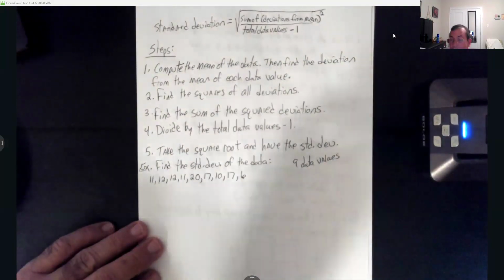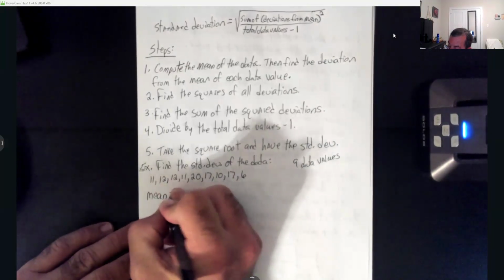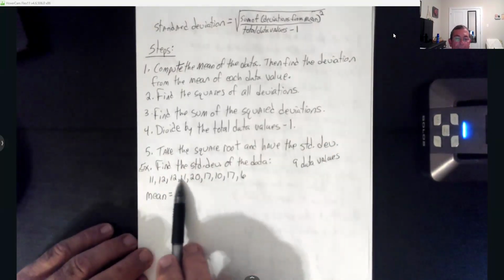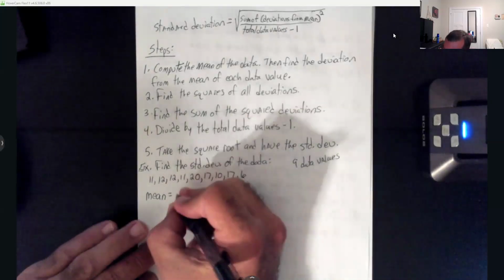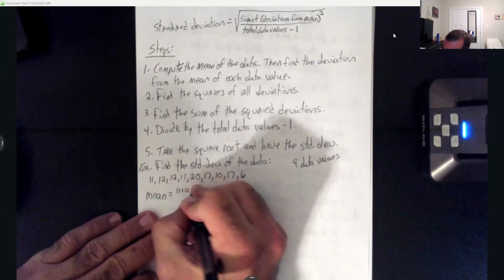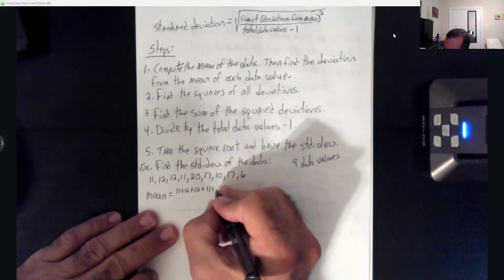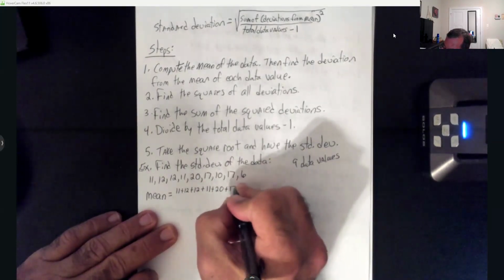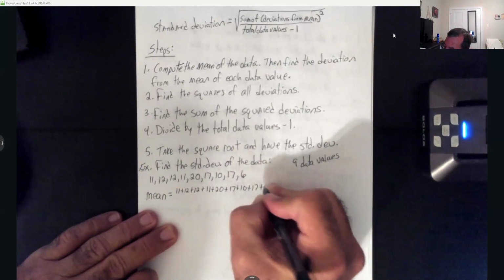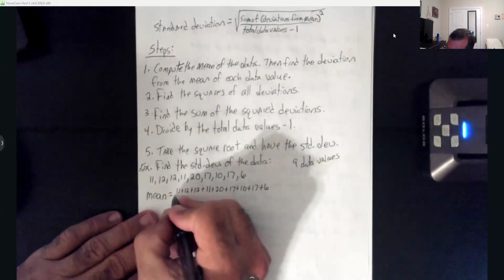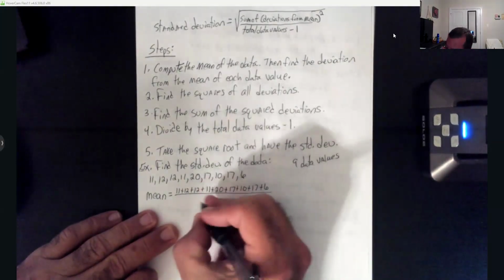Okay. So now remember, first thing we want is our mean. So the mean, I'm going to add all these together and divide by 9. So you would have 11 plus 12 plus 12 plus 11 plus 20 plus 17 plus 10 plus 17 plus 6, all divided by 9.